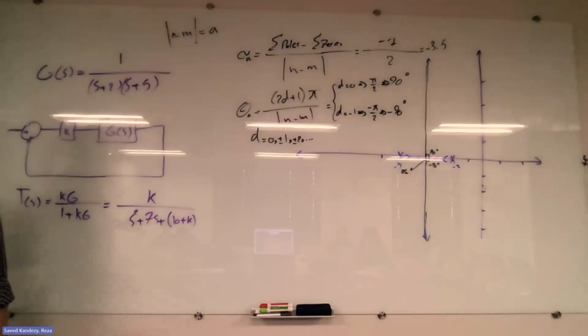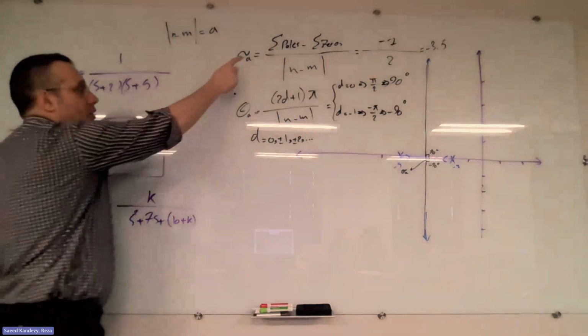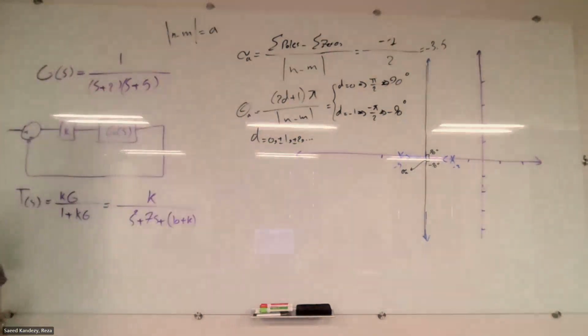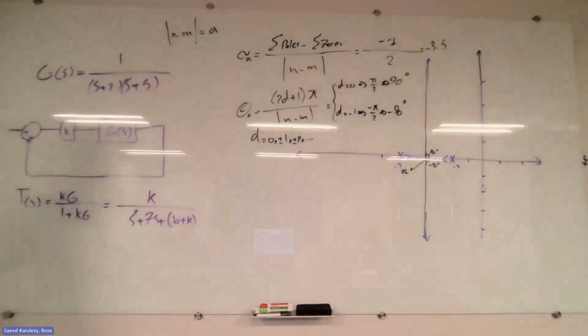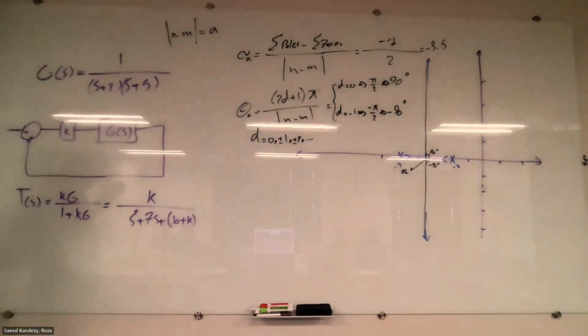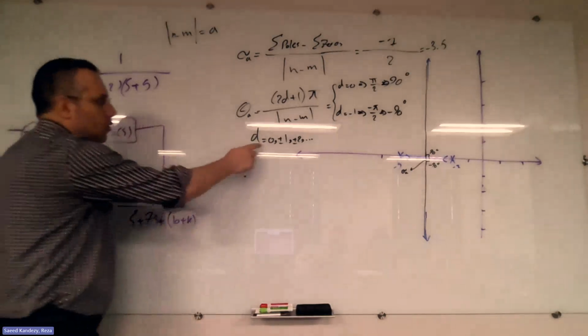But all of those a lines would intercept at the same point with the real axis. So we need one sigma a, but for the theta, we need a number of thetas for our a number of lines. Very good. So now we move forward.